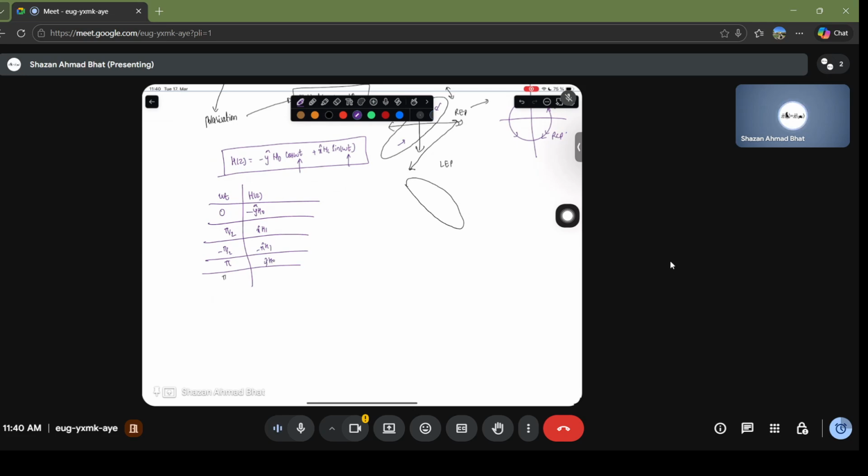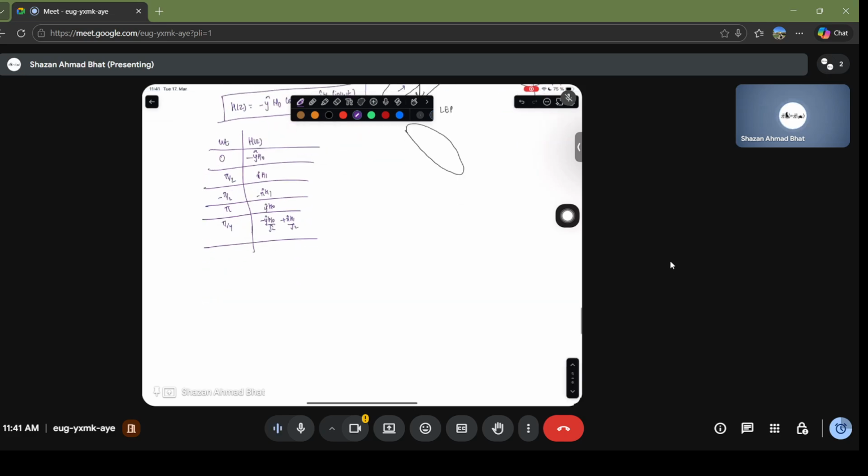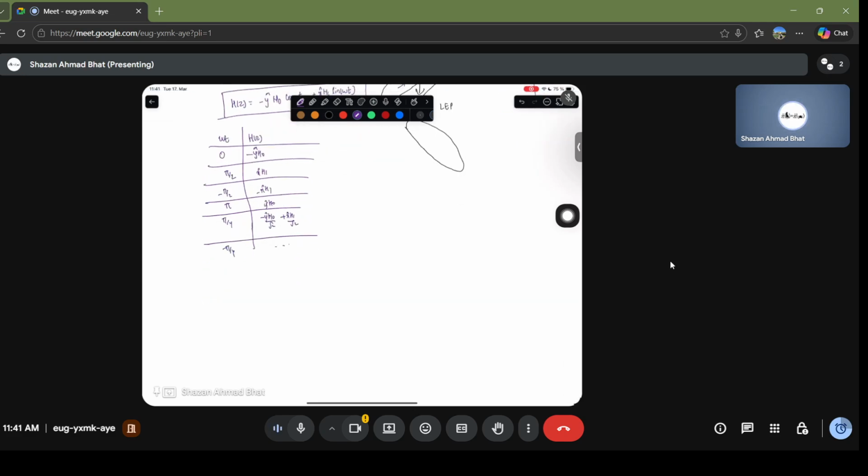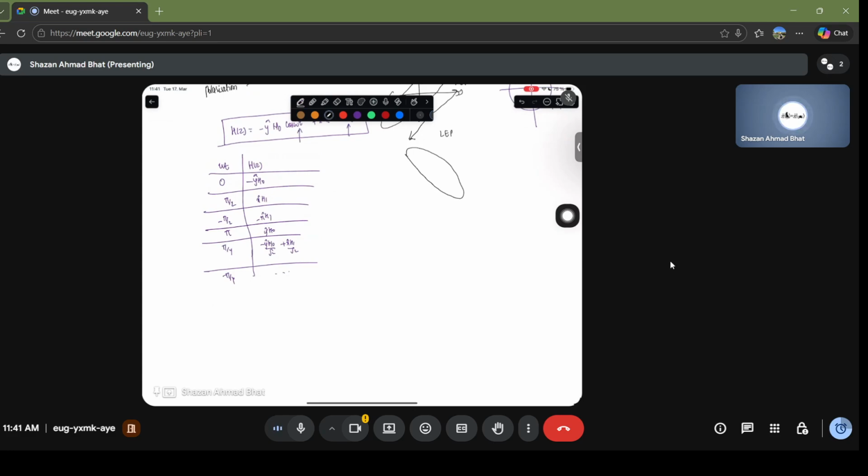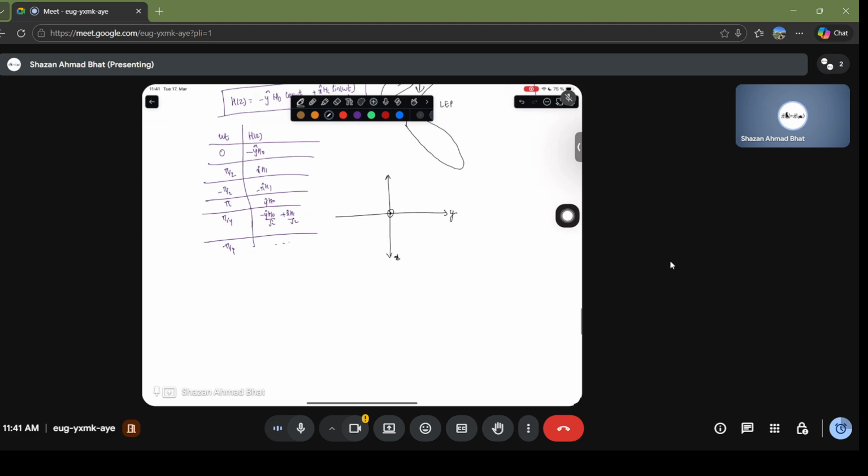For omega t to be pi by 4, you get minus y cap h naught divided by root 2 plus x cap h1 divided by root 2. For omega t to be minus pi by 4, accordingly you will get the values. Now if you plot these values on a scale where this is y direction, this is x direction, and the z direction is going either in or out, we will see.